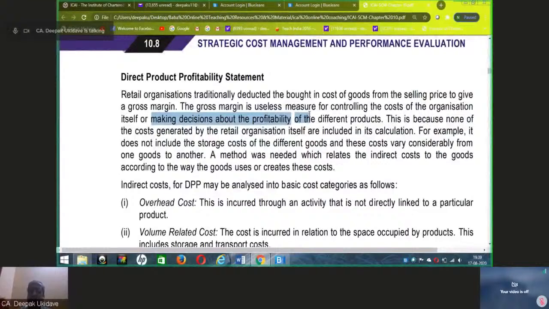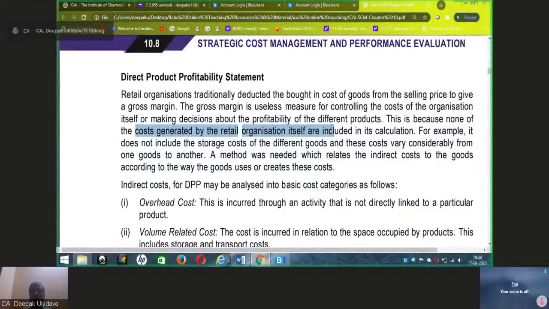So far it was not possible, but now the direct product profitability method enables the management to work out the net profit of each product separately. Now why was it not possible? This is because none of the costs generated by the retail organizations are included in this calculation. This is the point. Why is gross profit margin irrelevant for decision making?